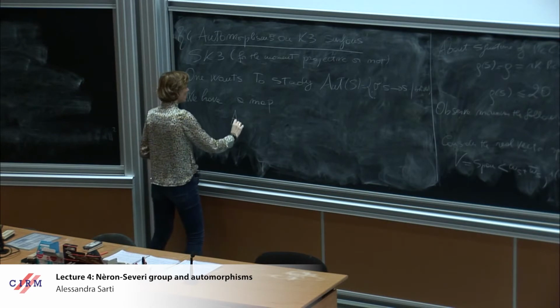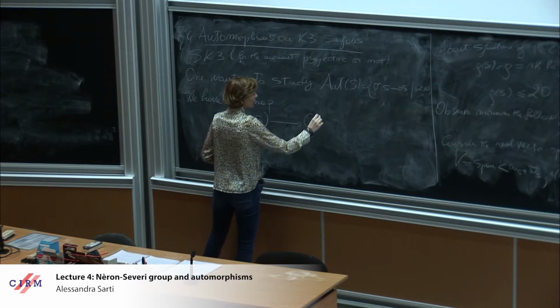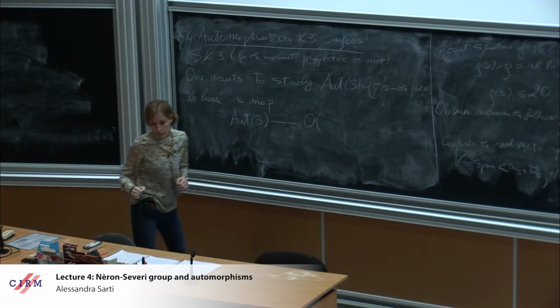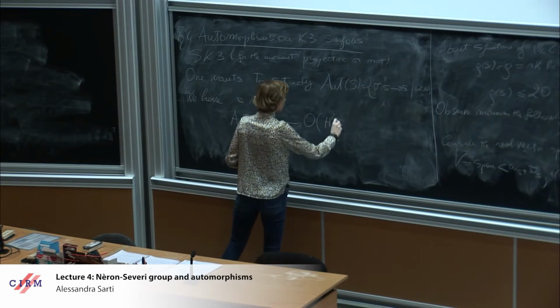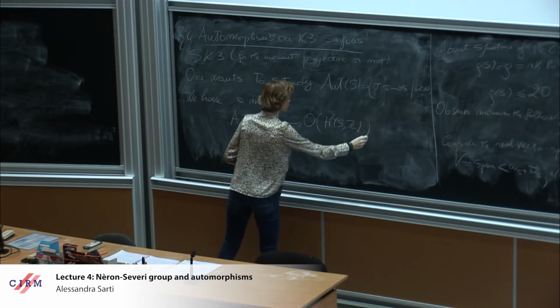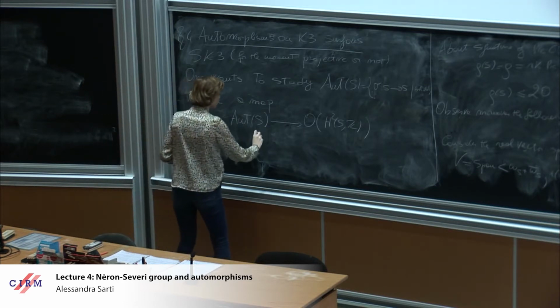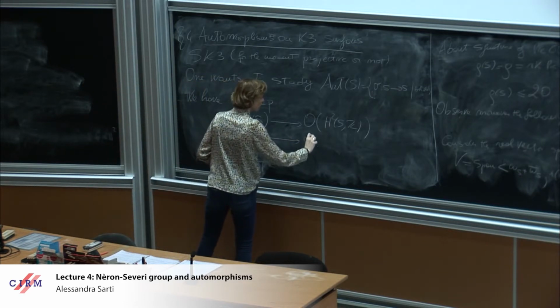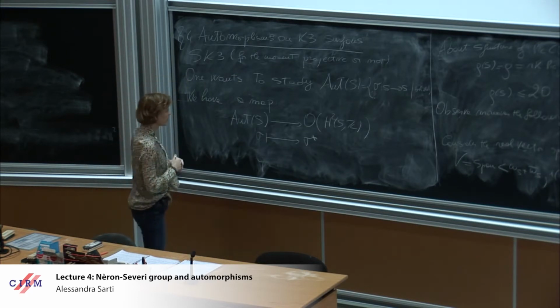It goes from Aut(S) to the isometries of the K3 lattice, or let's say H2(S,Z). We associate to sigma the map sigma star. And this map I denote by capital Phi.